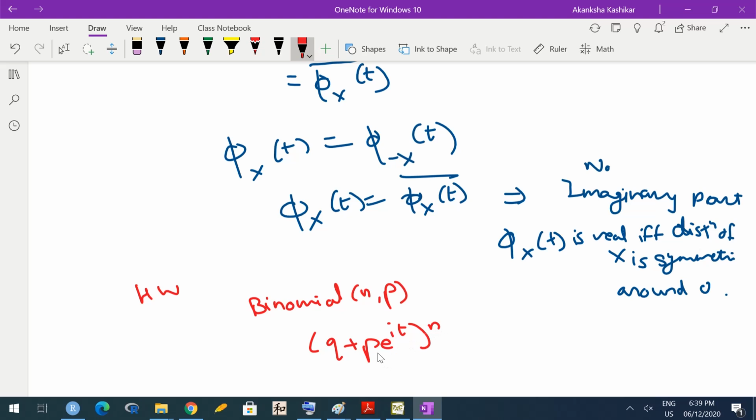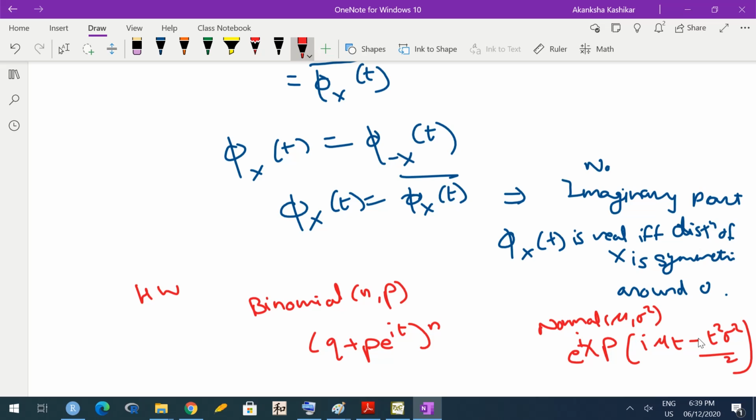You can see its equivalence to MGF. Similarly for normal(mu, sigma squared), it is exp of i mu t minus t squared sigma squared by 2. You can see why minus, because i squared is minus 1. So try to prove these two.